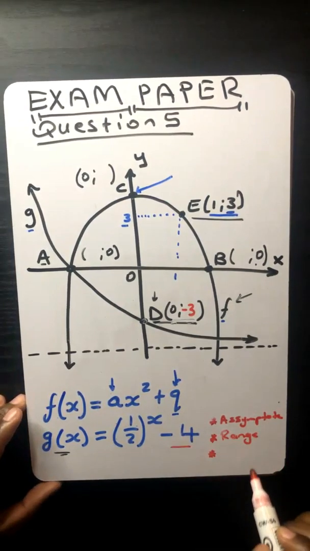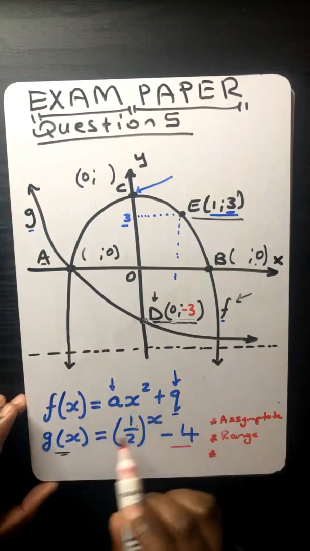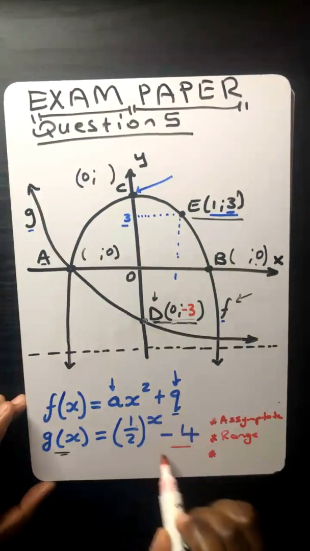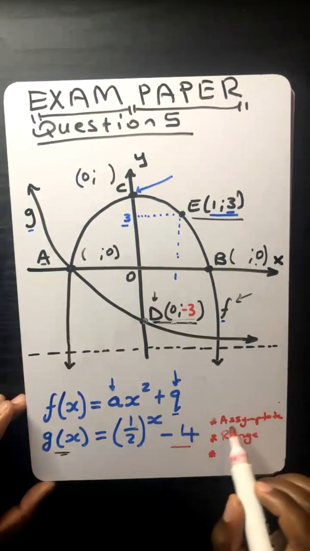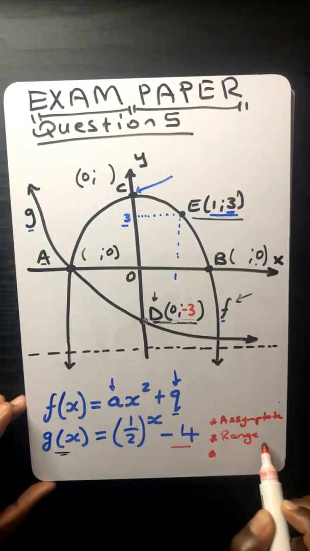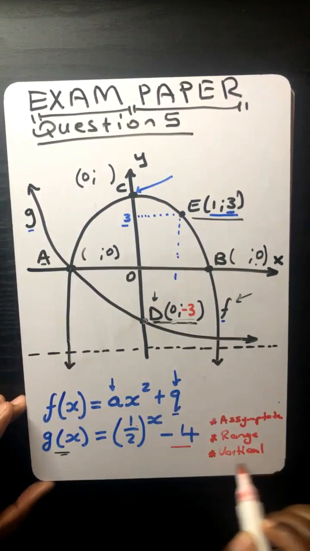Just to add on to that, and thanks very much, guys. Make notes to say that for an exponential, this -4, or that q, tells us more about the asymptote, it tells us more about the range, and again, we know it is the vertical shift.